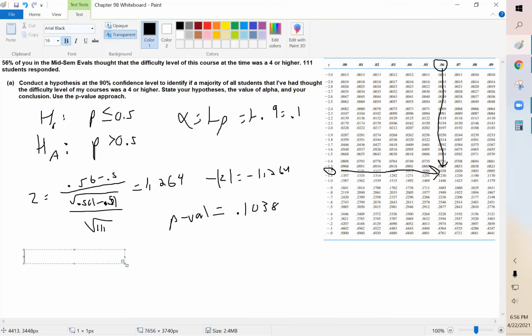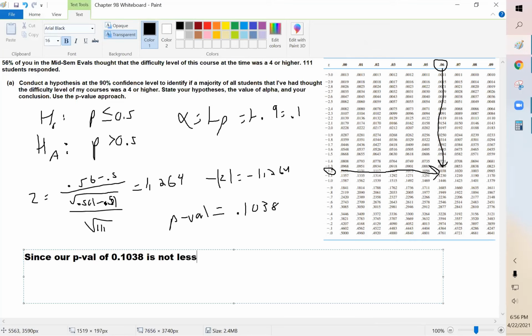So since our p-value of 0.1038 is not less than, and notice I'm using less than interchangeably with above, because not less than is the same as saying above, pick whichever one you want, it's not less than our alpha of 0.1. We fail to reject the null hypothesis.